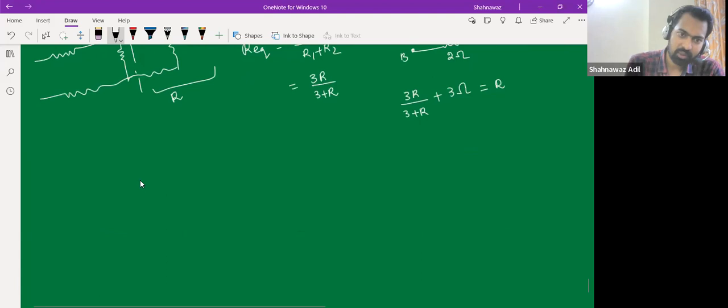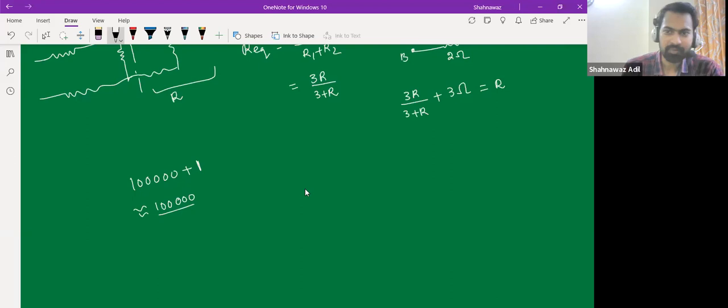Let's say the total is 1 lakh, and then you add some small number to it, it will again be 1 lakh. Is this clear?